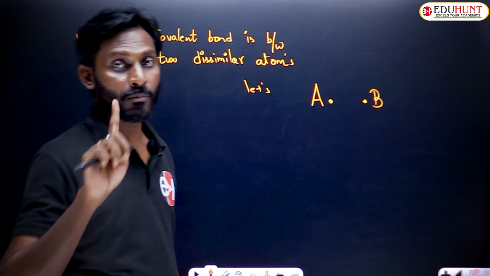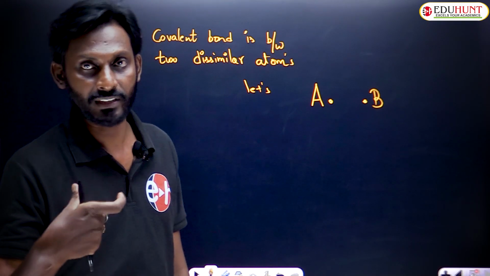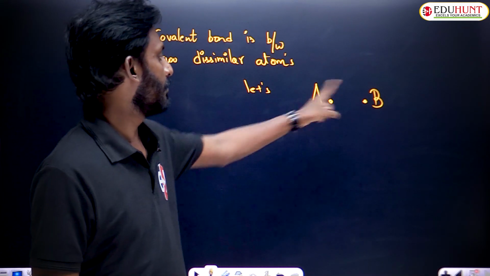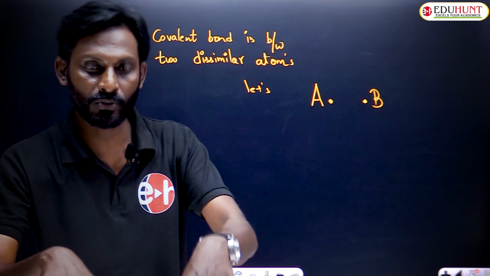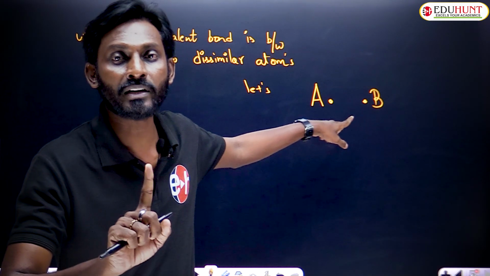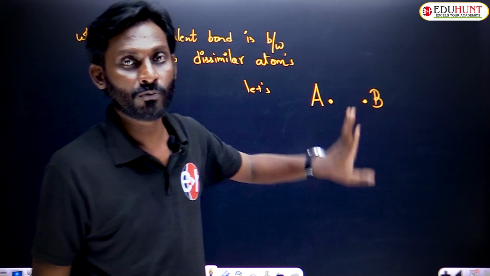See, covalent bond means shared electron pair, definitely. Whether it is the same type of atom or different type, every atom is going to contribute to the shared electron pair. A is contributing one electron to the shared pair, B is contributing one electron.